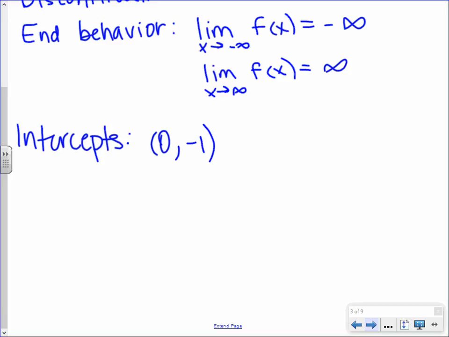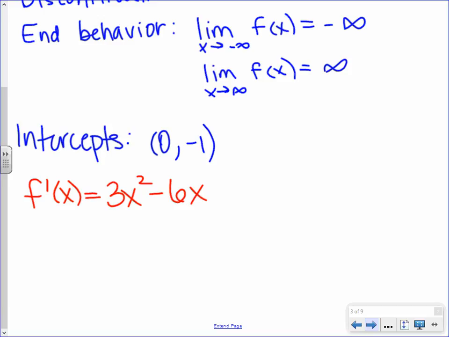So, let's talk about everything from our quiz yesterday. We can take the first derivative to determine increasing, decreasing intervals, as well as minimums and maximums. Okay? So, Josie, what is our first derivative? 3x squared minus 6x. Excellent. Okay?